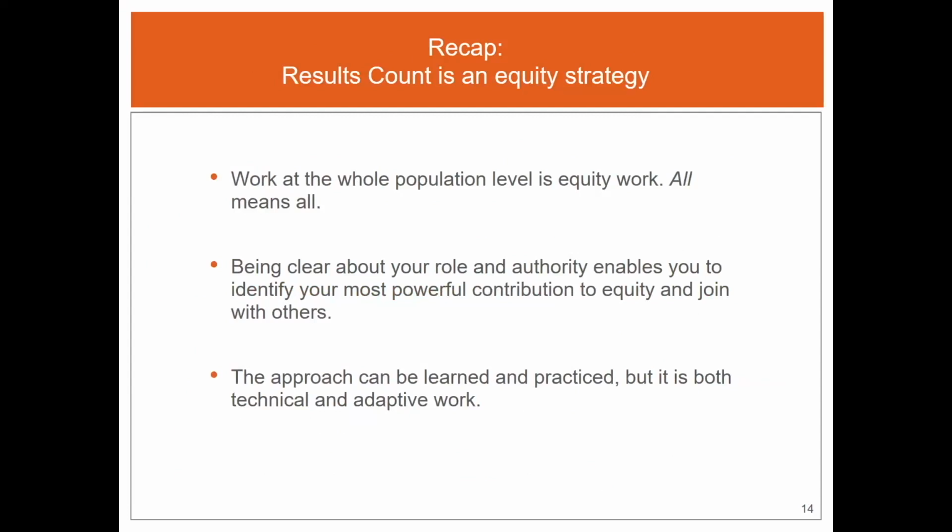Second, you need to be clear about your role and the authority that enables you to identify your most powerful contribution to equity and to join with others. And third, this approach can be learned and it can be practiced, but it's both technical and adaptive work. And you sort of have to be playing those 2 things simultaneously.